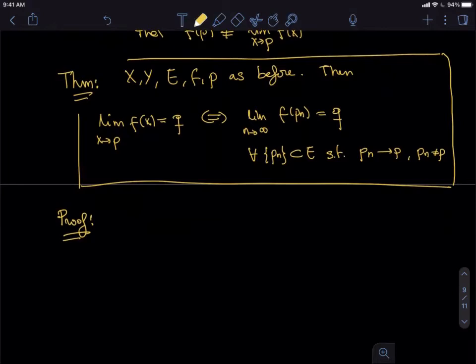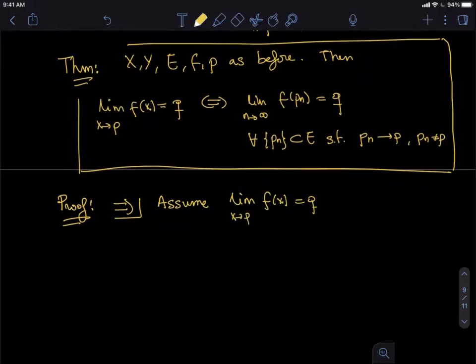So it's an if and only if. So let's prove first from left to right. So let's assume the limit of f of x equals q as x tends to p. And then because we want to prove the right-hand side, what we actually want to prove is that the limit is q.